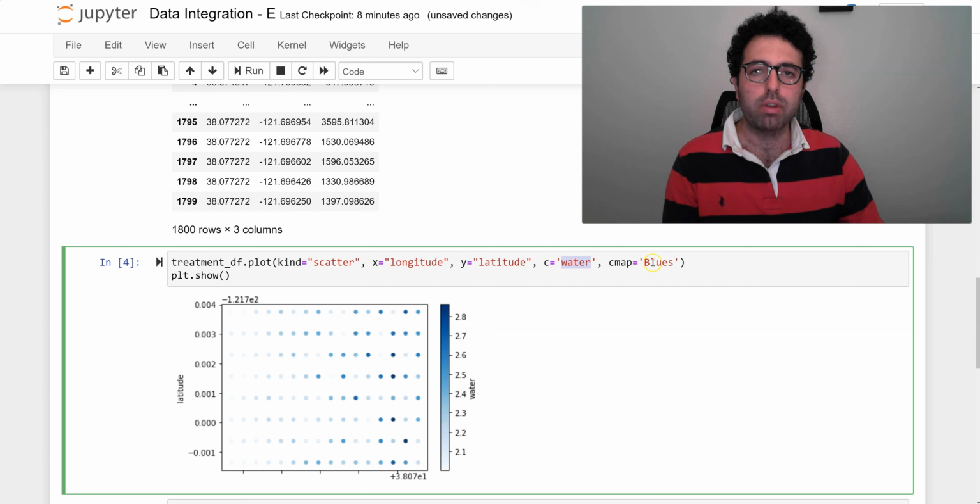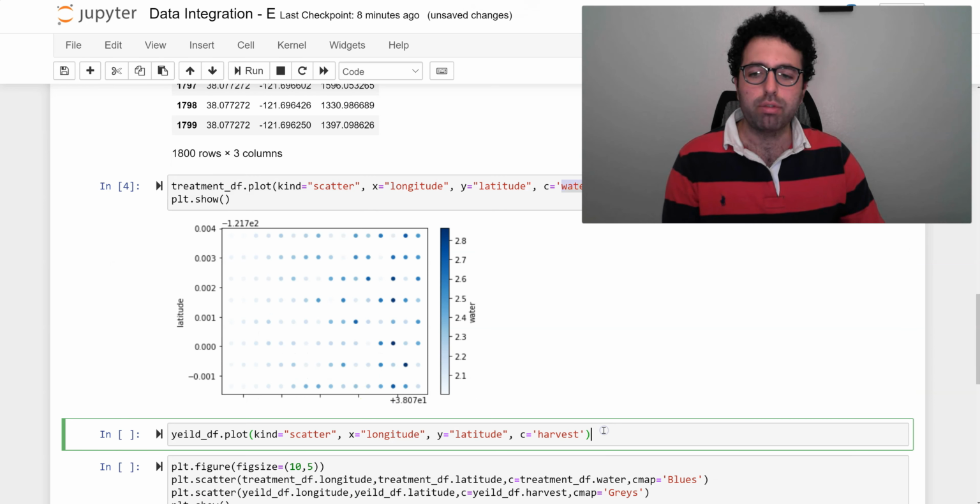We are also using a color map, cmap, to show how much water was dispensed. If the blue is lighter, there is less water. And if the blue is darker, it means that more water was dispensed from this location.